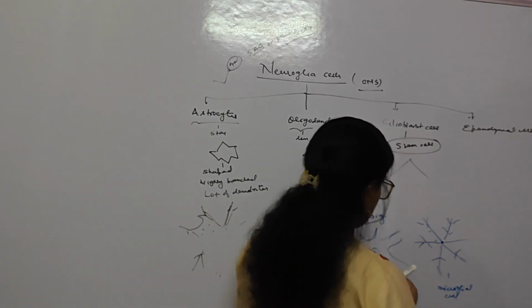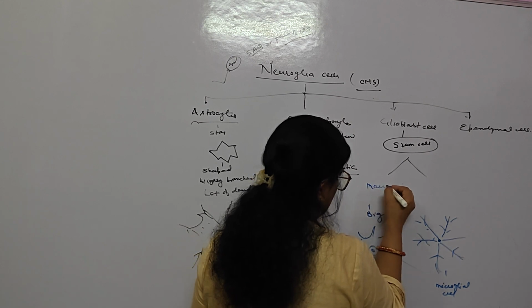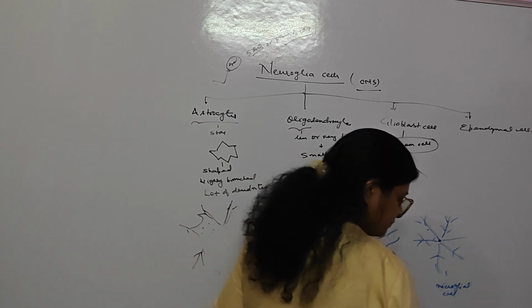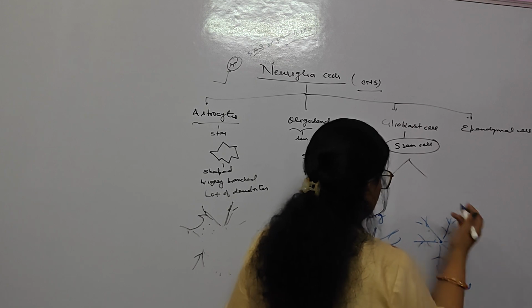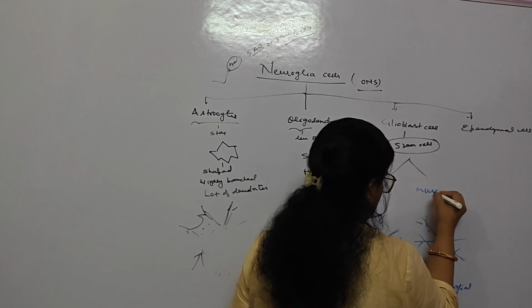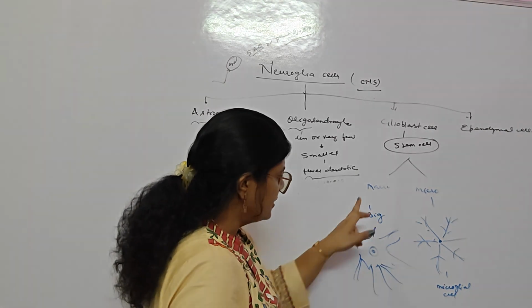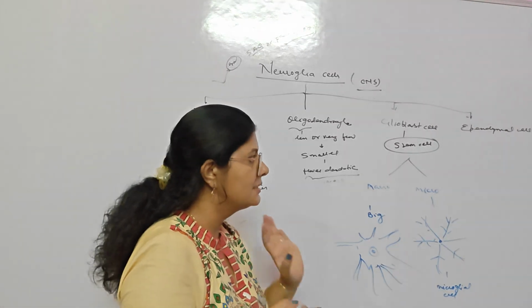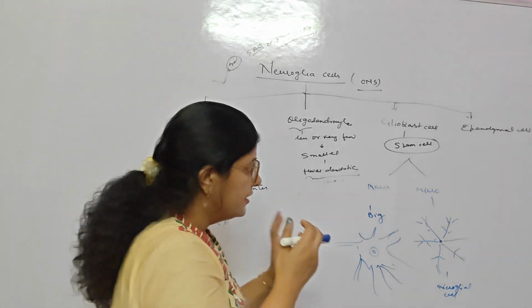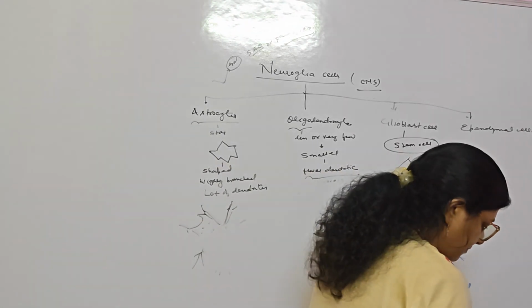Macro means big, and micro means small, so you can see the small size, and this is macro, so you can see the big size of the cells. And then we have ependymal cells.